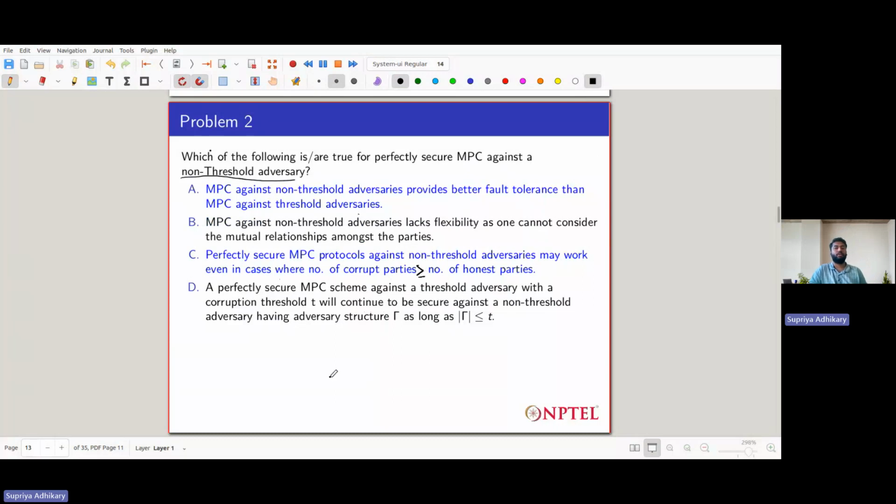Sorry, there is a mistake there; it should be greater than or equal to. And finally, a perfectly secure MPC scheme against a threshold adversary with corruption threshold T will continue to be secure against any non-threshold adversary having adversary structure gamma as long as gamma is less than or equal to T. So these are the 4 statements that we have.